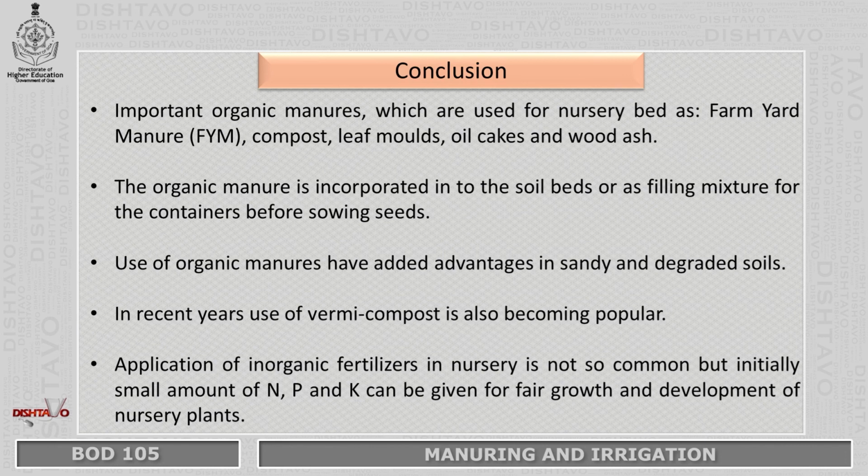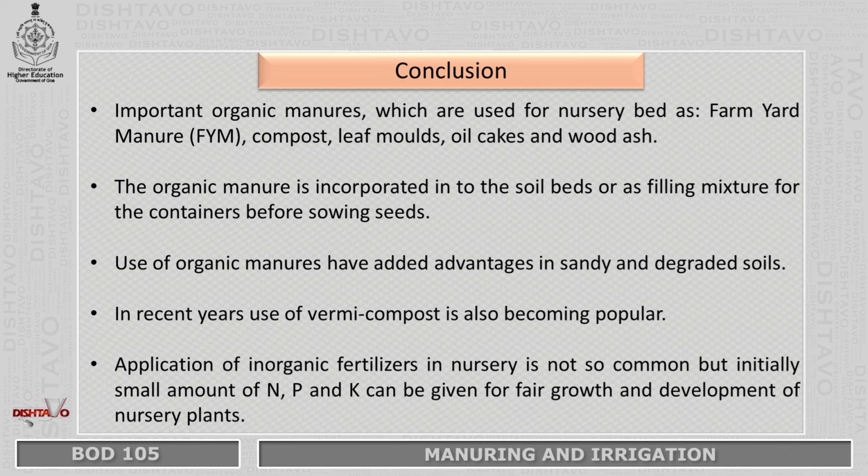Coming to conclusion, important organic manures which are used for nursery beds are farmyard manure, compost, leaf molds, oil cake, and wood ash.